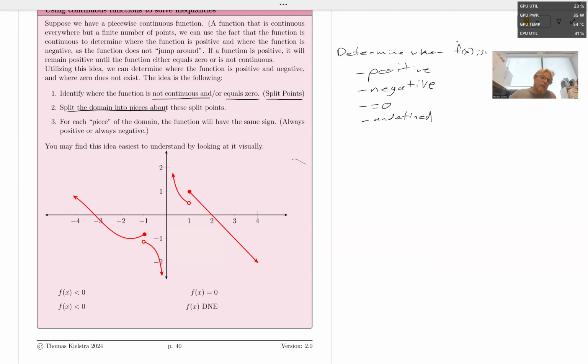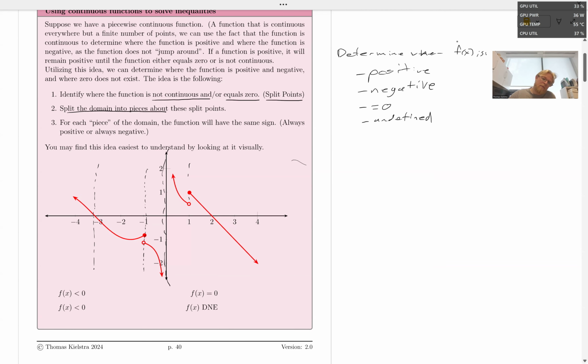So let's start with taking a look at a graph. And if we look here, we're going to split the function based on undefined, not continuous, or equaling 0. So if we look at this graph, we're split along these 5 points: minus pi, -1, 0, 1, and 2.